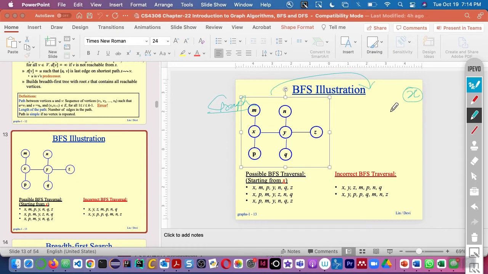Okay, and then it has two children, right? M and P. So one side is M, another side is P, and it has another child, that is Y. And Y has 3, right? This side 1, 2, and 3.